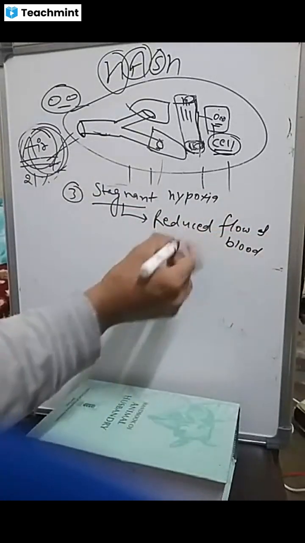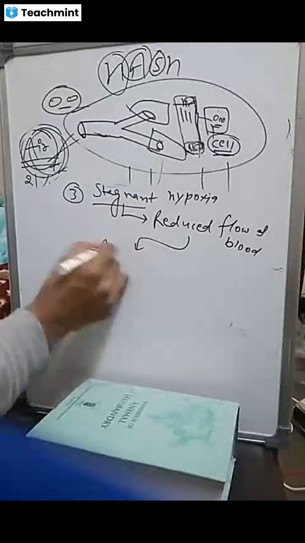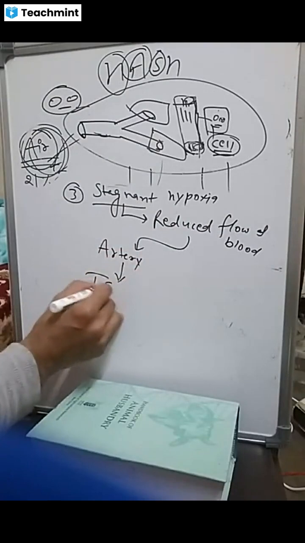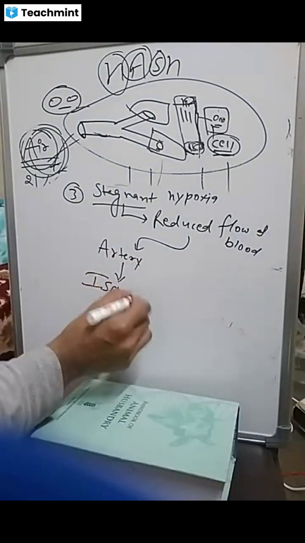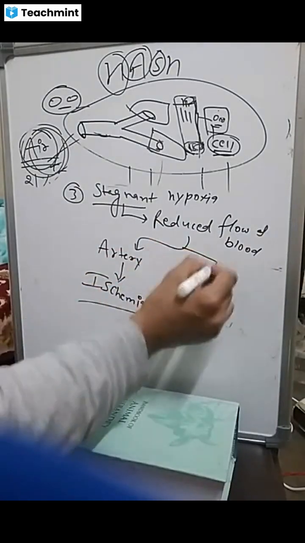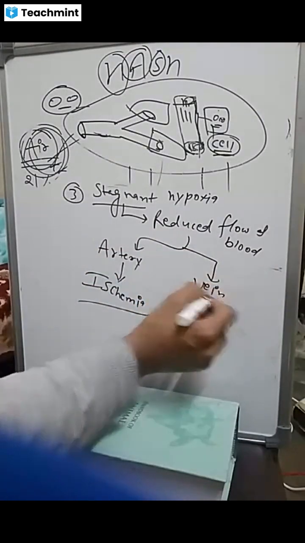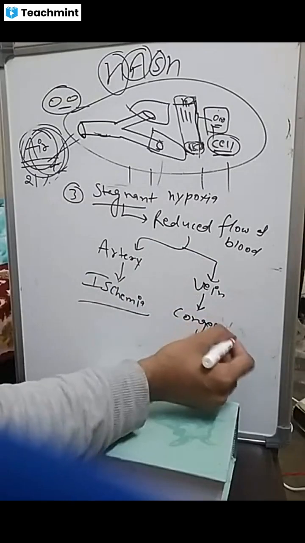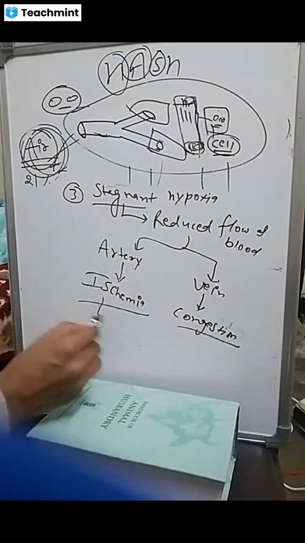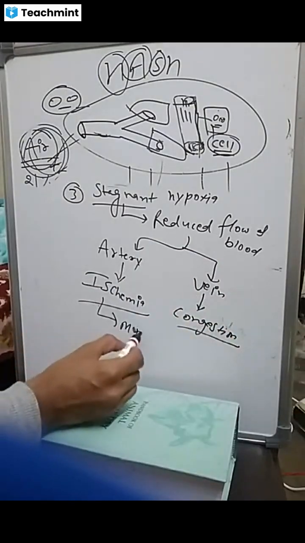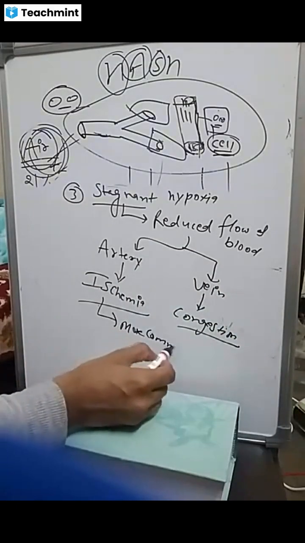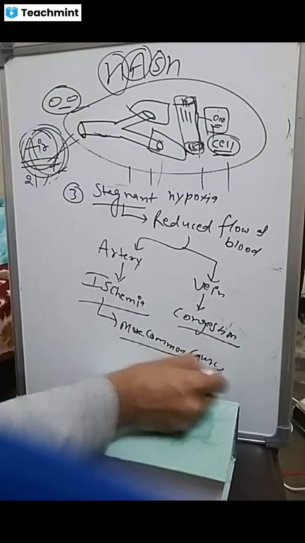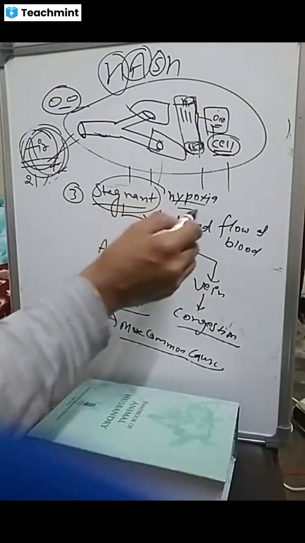This reduced flow, if it occurs at the artery level, we call it ischemia. If it is at the level of vein, it is called congestion. Ischemia is the more common cause of stagnant hypoxia.